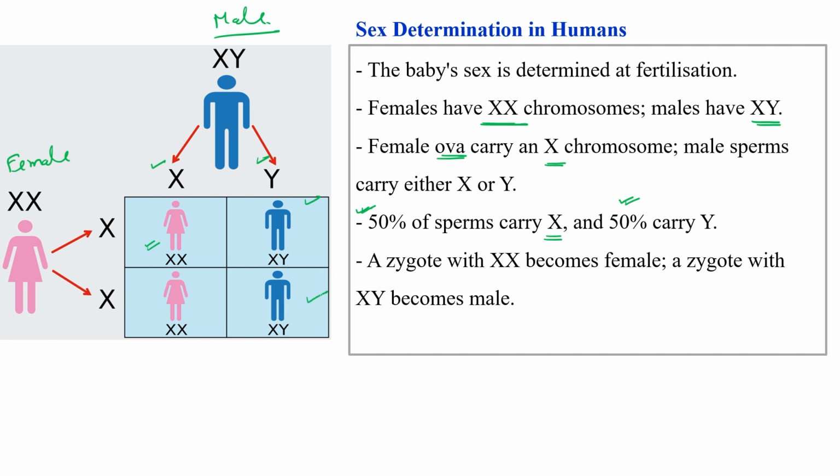So there is a 50% chance of male progeny and a 50% chance of female progeny.